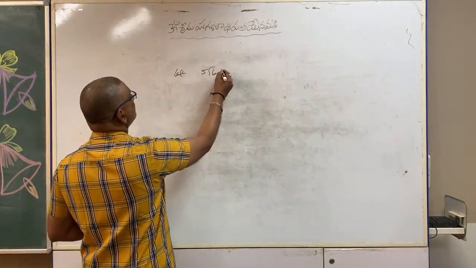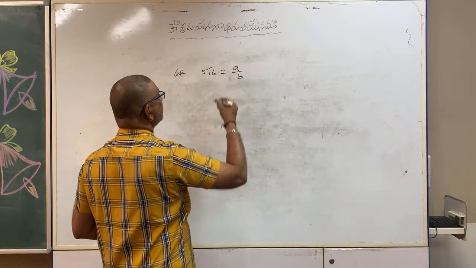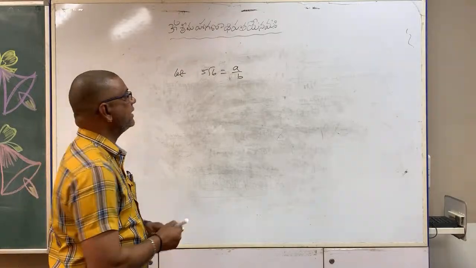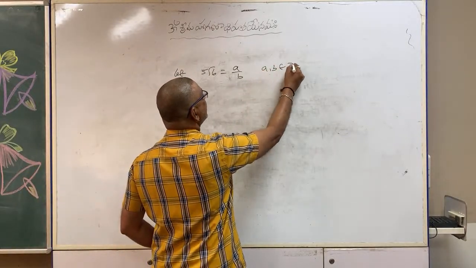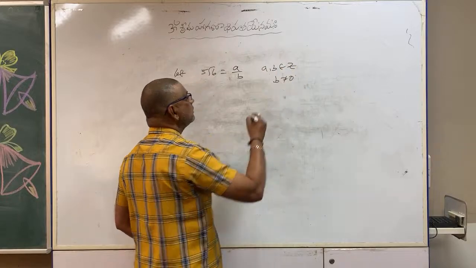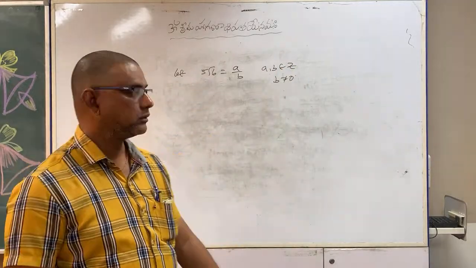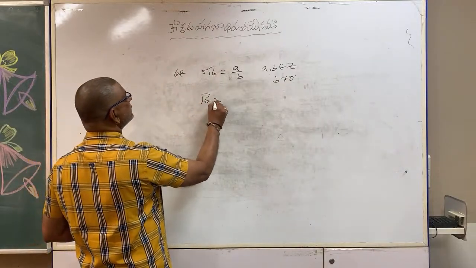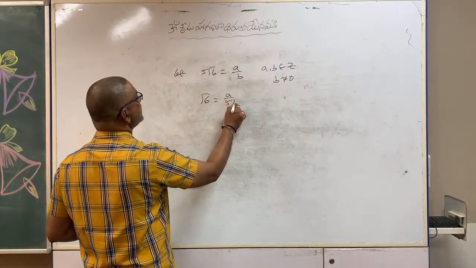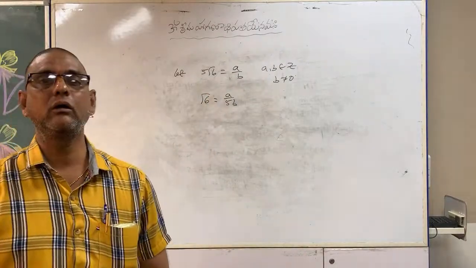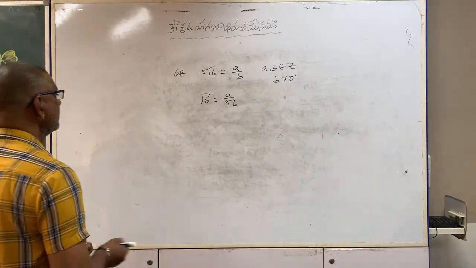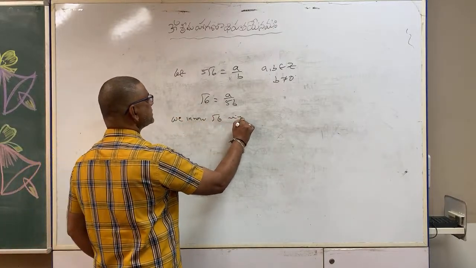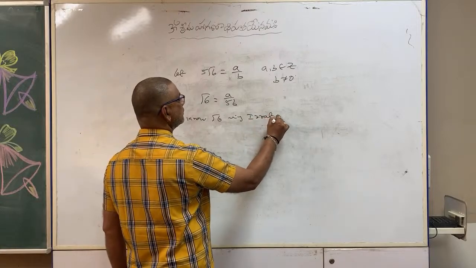Let 5 root 6 is equal to a by b, where a and b are integers and b is not equal to 0. This must be there. Now, root 6 is equal to a by 5b. We know root 6 is irrational.